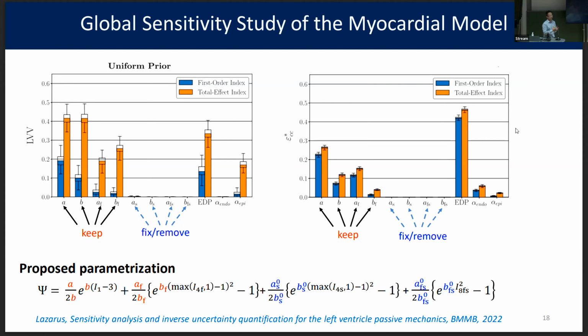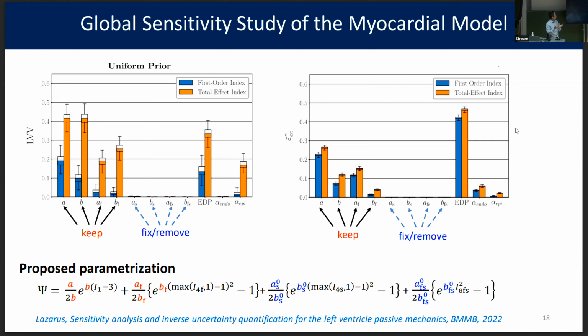They're quite important. The other four parameters, AS, BS, AFS, BFS, have very low Sobol indices, which means you can either remove these parameters from the model, or keep them fixed at the population-based values. You can find similar results for the strain, using strain as the quantity of interest.